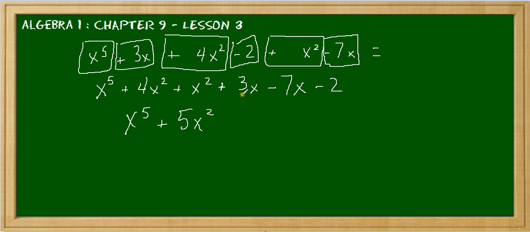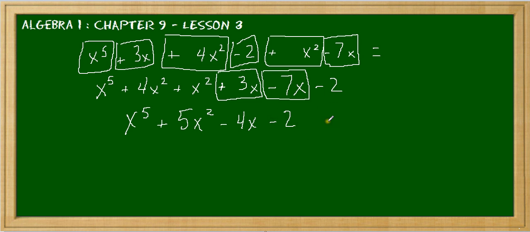And then we have positive 3x and negative 7x, which will give us negative 4x. Again, we're looking at these in terms of their positive and negative values. Positive 3x, negative 7x will give me a negative 4x. And then we have minus 2.